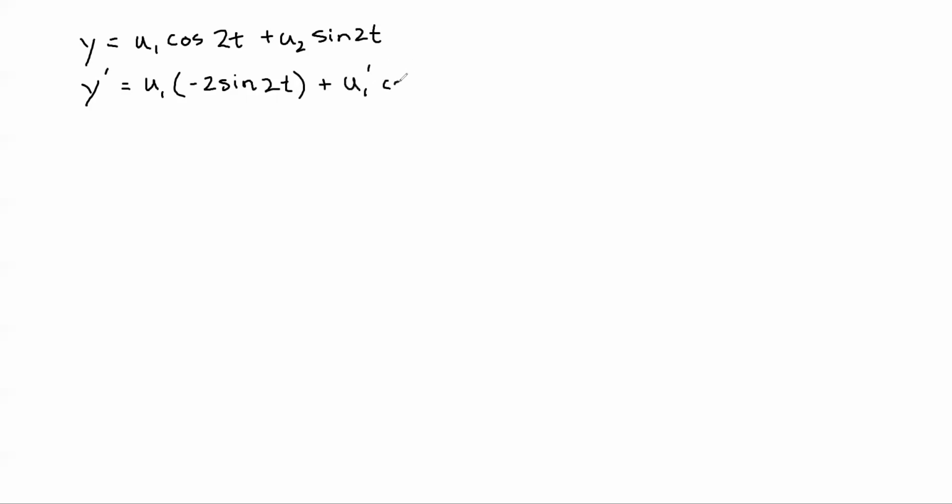We have y equals u1 cosine 2t plus u2 sine 2t. And we can go through and find y prime. That would be u1 times negative 2 sine 2t, plus u1 prime cosine 2t, plus u2 times 2 cosine 2t, plus u2 prime sine 2t.